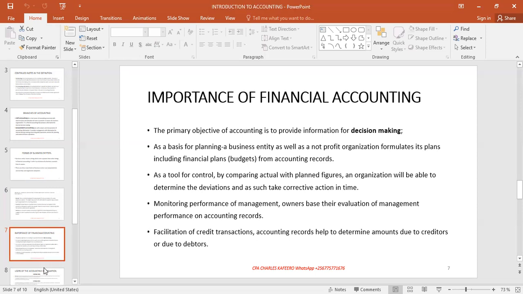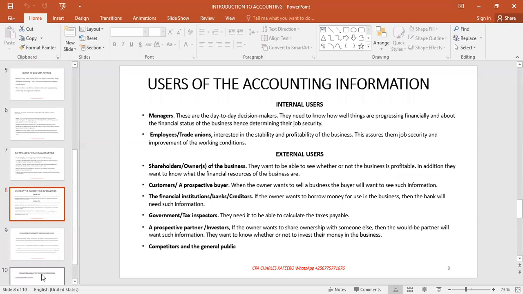Allow me to proceed to the next slide, where I'm going to be talking about the users of accounting information. You have two main users of accounting information. You have the internal users and the external users of accounting information.